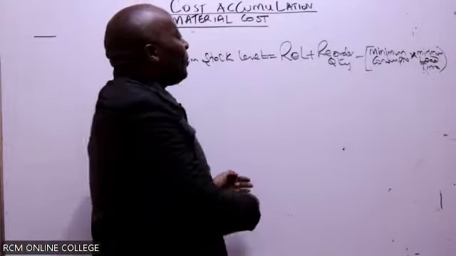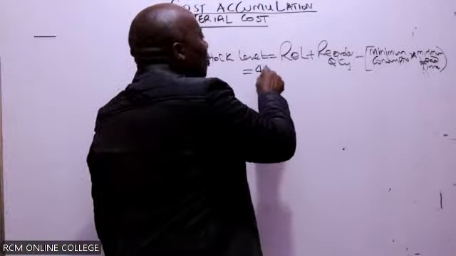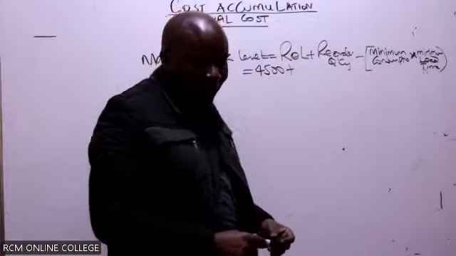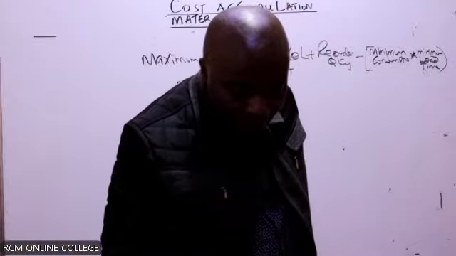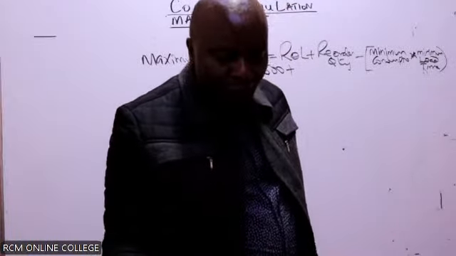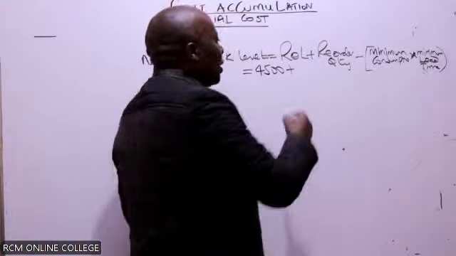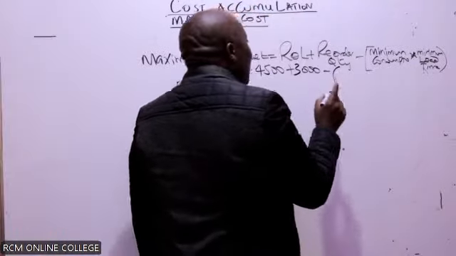So ladies and gentlemen, are you able to see the roll? The roll you guys gave me is the 4,500. That is the reorder level. Plus reorder quantity. Reorder quantity is how many? Every time we order, they have told us that the reorder quantity is 3,000. Thank you very much. And then they say minus the minimum consumption.